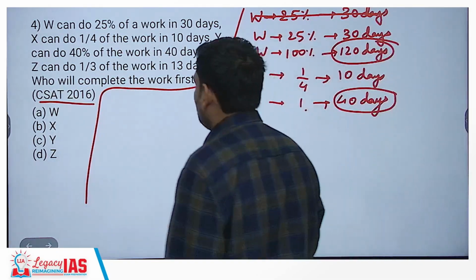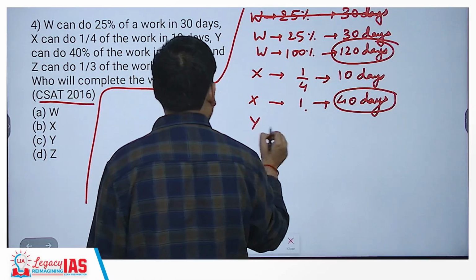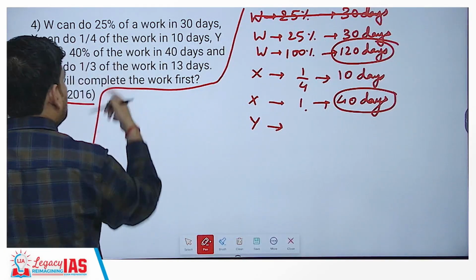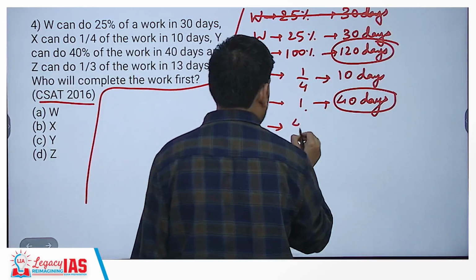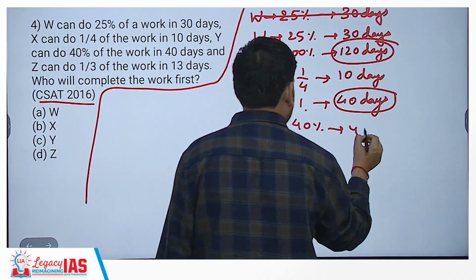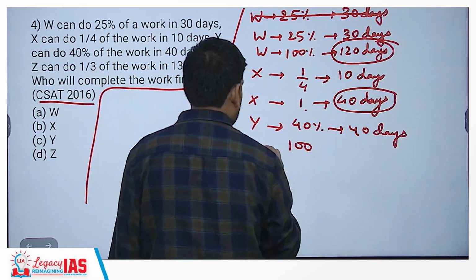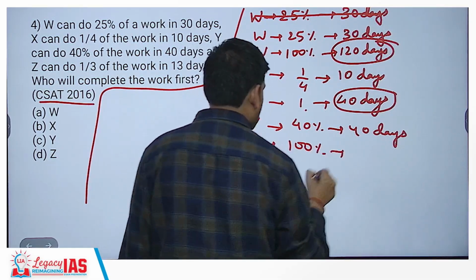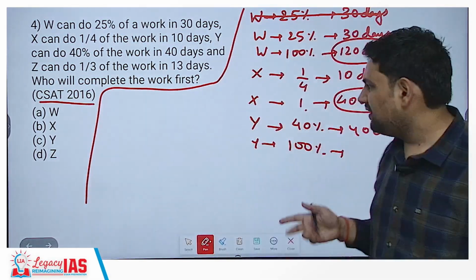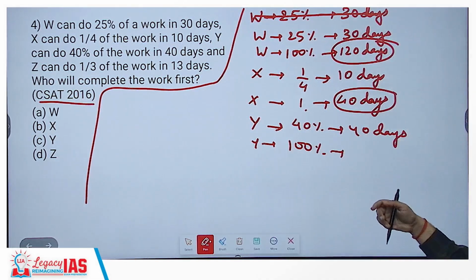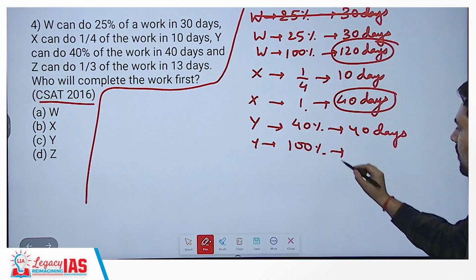Next is Y. Now, Y can do 40% of the work in 40 days. Then Y can do 100% of work in how many days? Now, it's very simple. 40% in 40 days, then 100% in how many days?